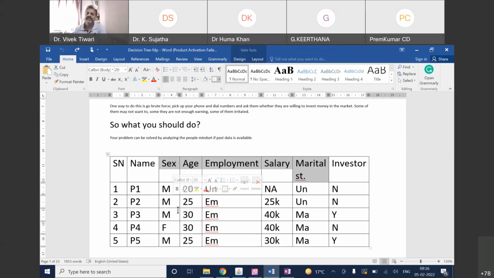So the question is that when you go for the tree induction, you have to choose the variable for the splitting. Then at the next level, again the next variable you have to choose, again and again. So how do you decide which variable you should choose first?